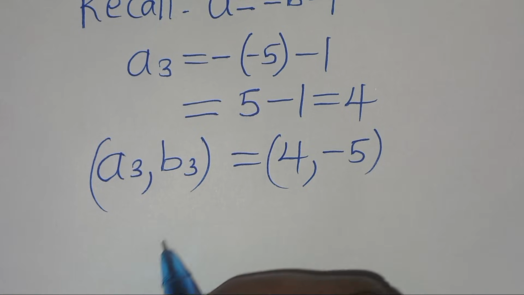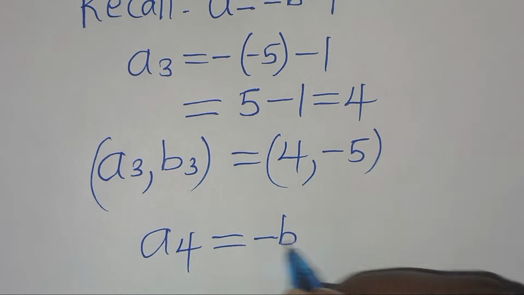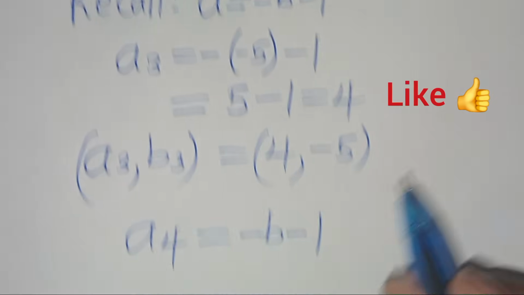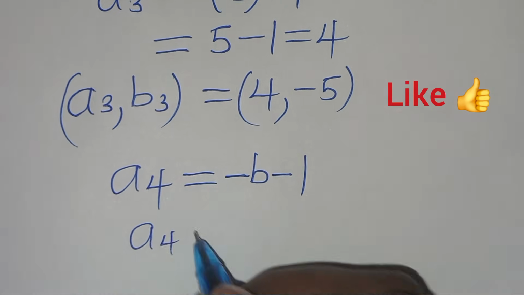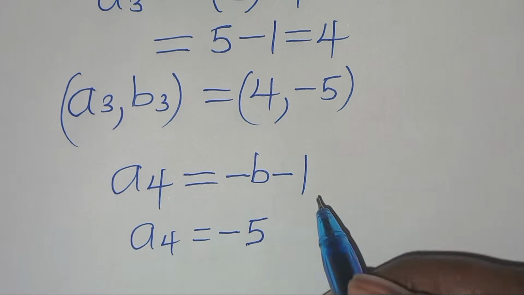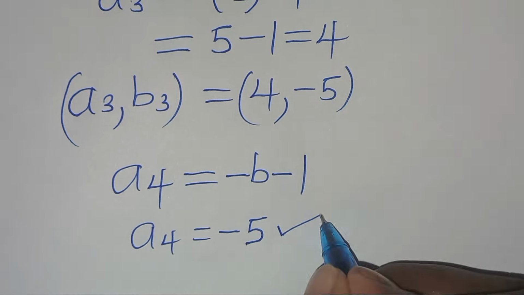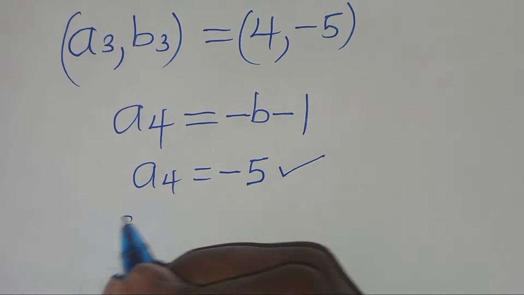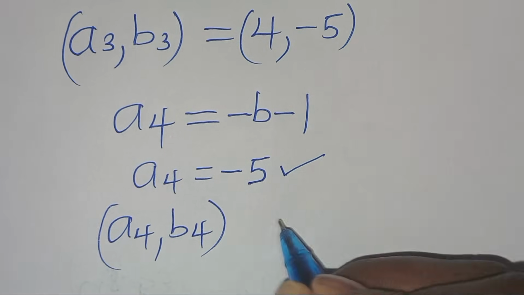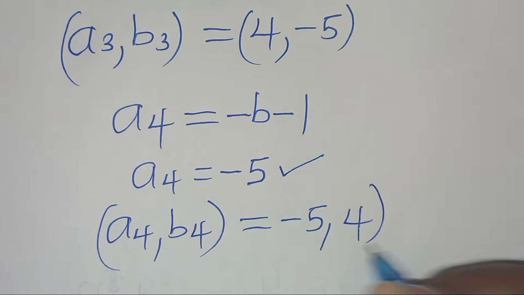Now we can solve for A4. Remember, A4 is equal to minus B minus 1. B4 is 4, so A4 is minus 4 minus 1, which is minus 5. So A4 comma B4 is equal to minus 5 and 4.